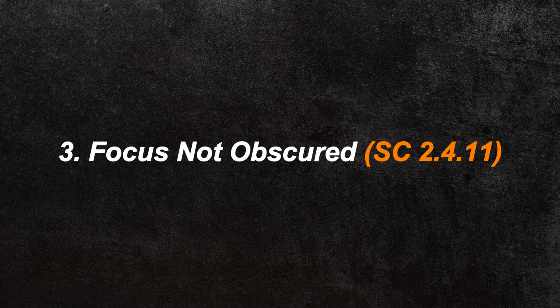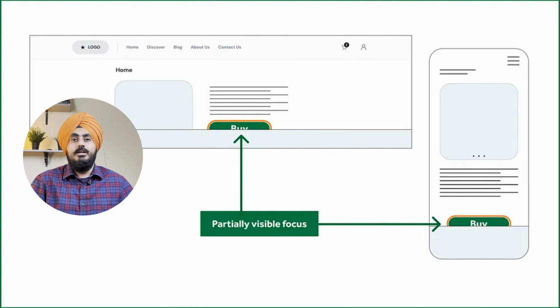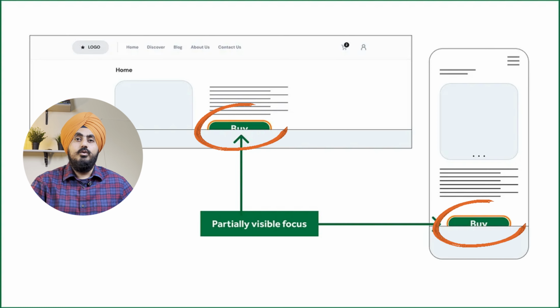Now it's time to talk about the 4 success criteria introduced at level AA. Have you ever tried tabbing through a form and the focused element was covered by a sticky header or a pop-up? Nothing can frustrate a user more than this.